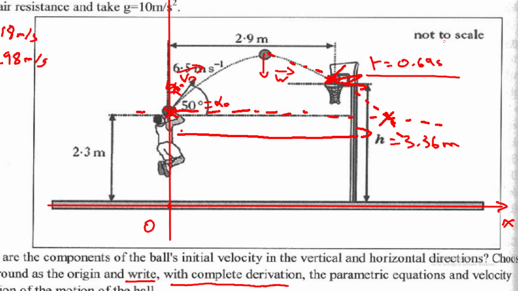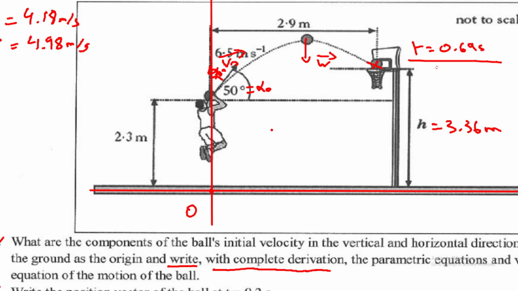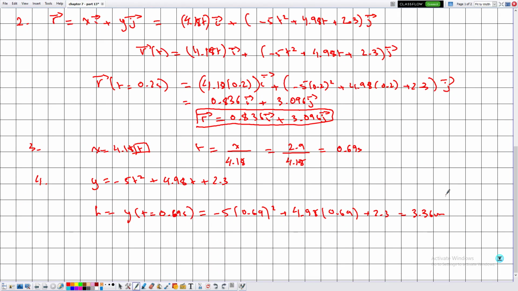Okay, and the range is determined by the equation y is equal to y0, where y is given by minus 5t squared plus 4.98t plus 2.3.